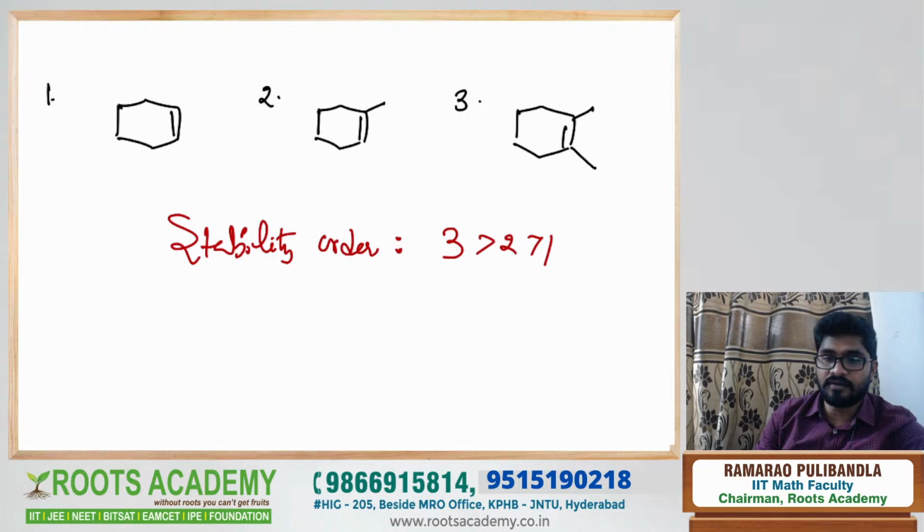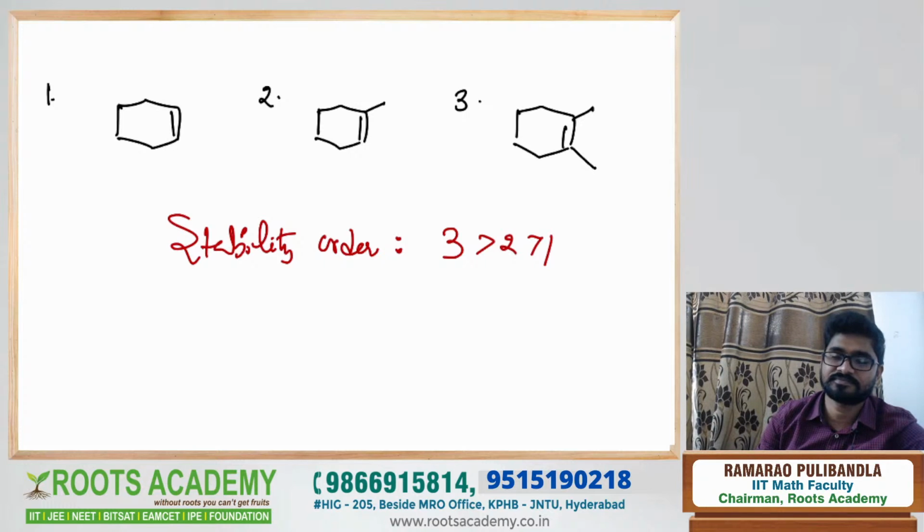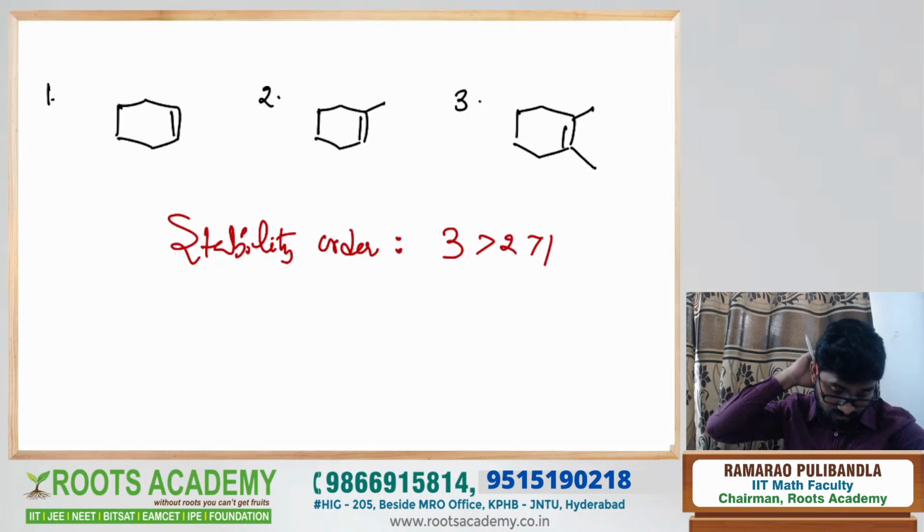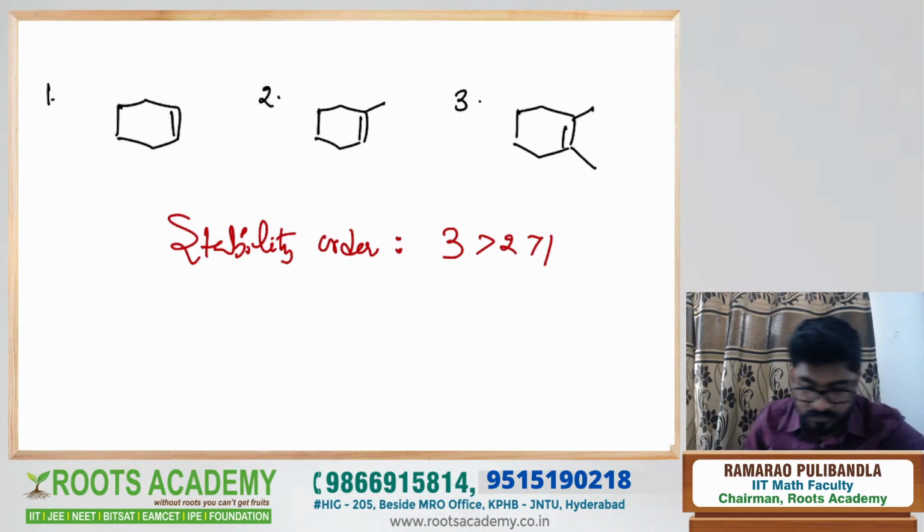Monica, for 1, 0? Wrong answer. How many hyperconjugated structures are there for the first one, second one, and third one?